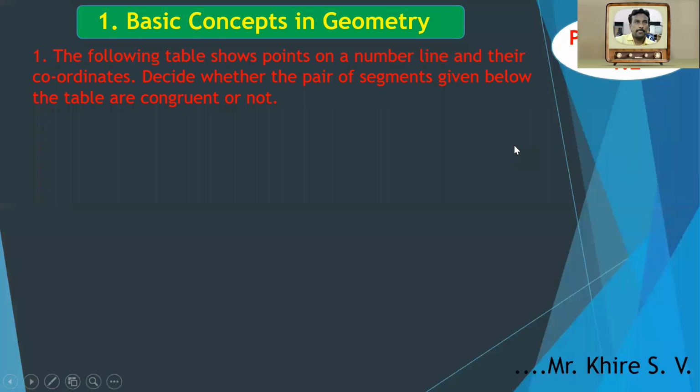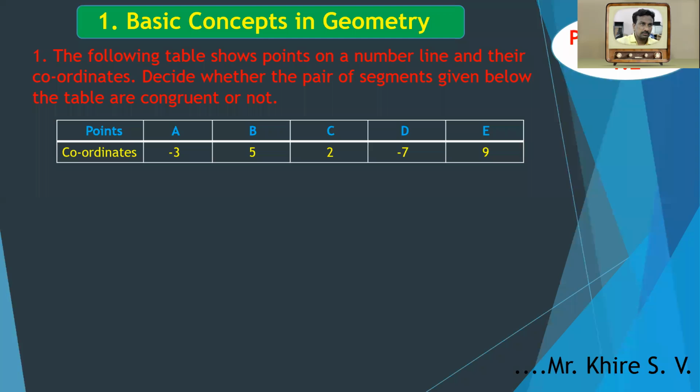Question number 1. The following table shows points on a number line and their coordinates. Decide whether the pair of segments given below the table are congruent or not. Points and their coordinates are given.